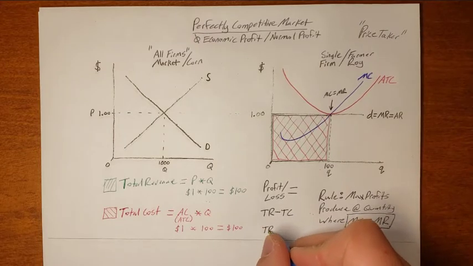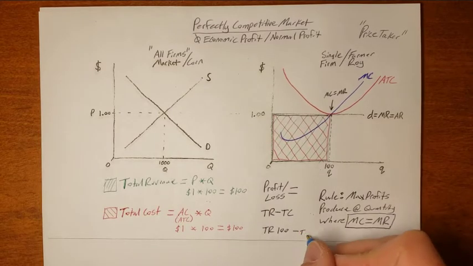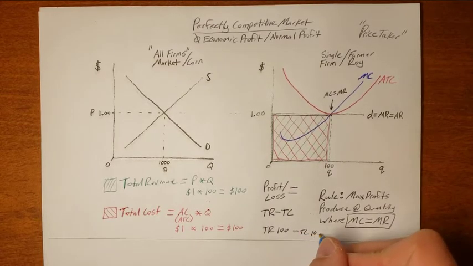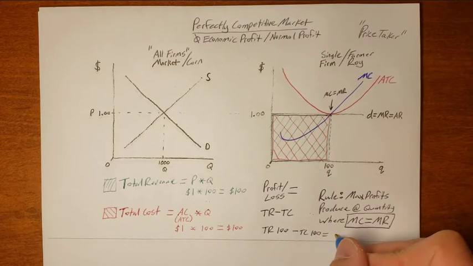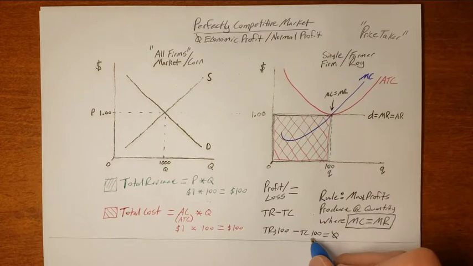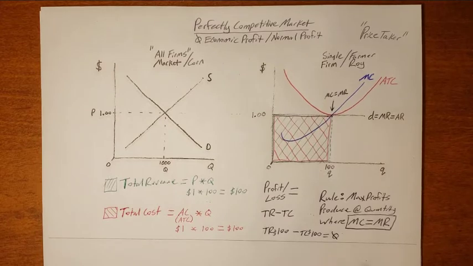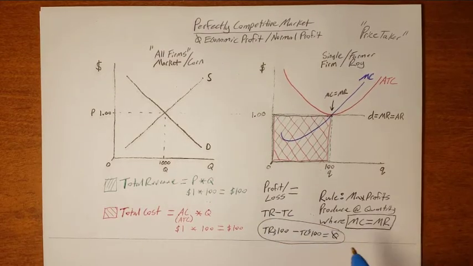So total revenue is 100 minus the total cost, which is also 100. We see that the profit is 0. So we're not earning a profit here. Okay, and we'll spend more time talking about this before, but the total revenue minus the total cost is going to give you your profit. So once again, we're at 0 economic profit. All right, this concludes this tutorial.